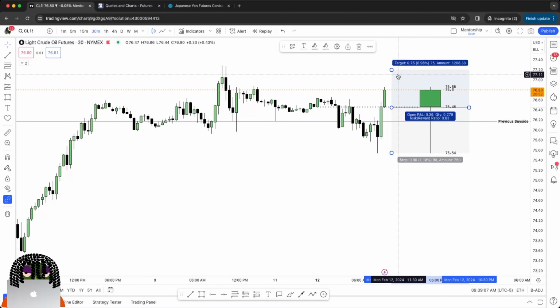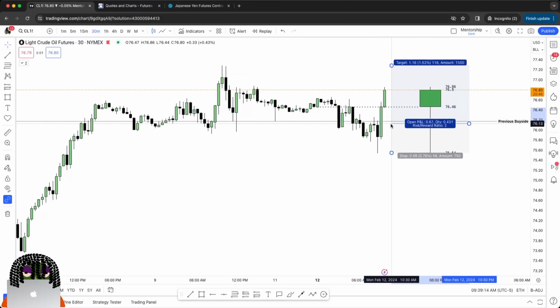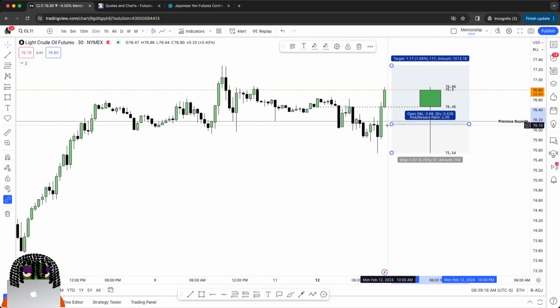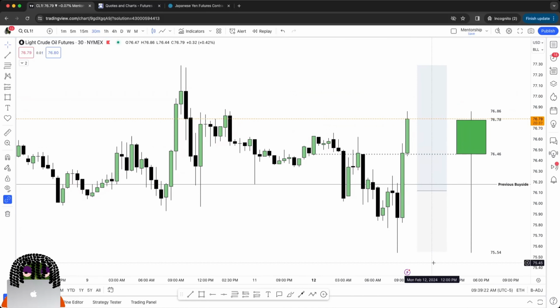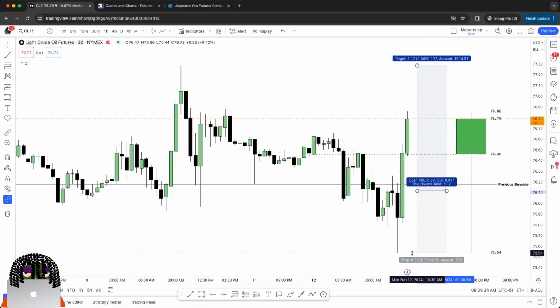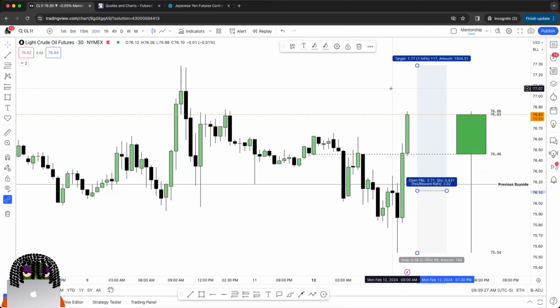Well, let me see. This might be a bad RR. Yeah, that's a bad RR. So I would take it on the order block. That's where I would take it. Yeah, right there.